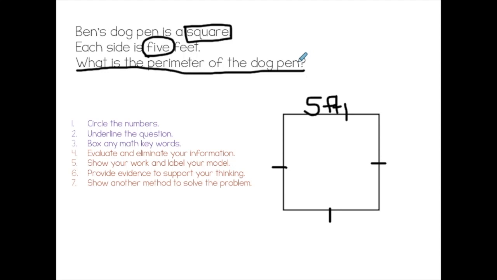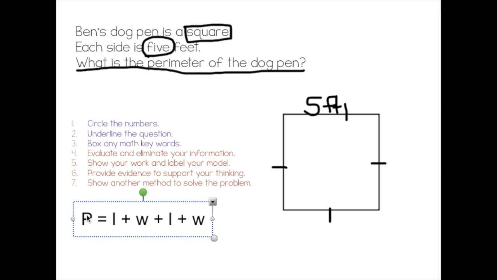So I've now labeled and done that, and I know that the perimeter equation is to add up all the sides. So I'm going to show my work and show my evidence by going P for perimeter equals length plus width plus length plus width. Or you could say add up all the sides.